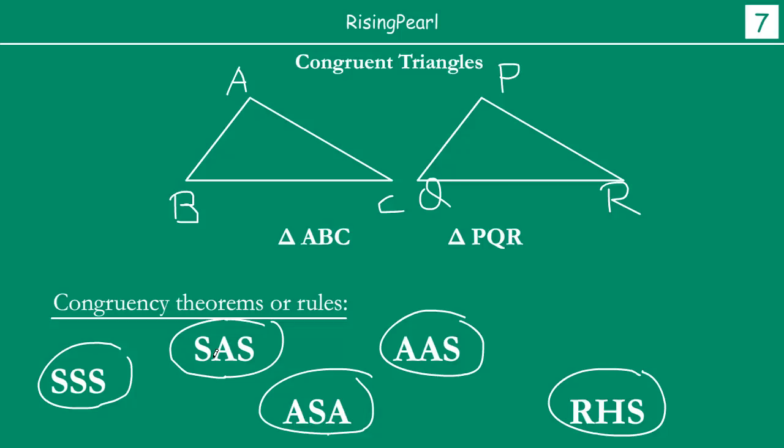Side, side, side; side, angle, side; angle, side, angle; angle, angle, side; right angle, hypotenuse, side. If in two triangles any of these rules are valid, then those two triangles are always congruent. We have gone through every single proof and application of these congruency rules, theorems in our last class, and I'm going to provide those video links down below.